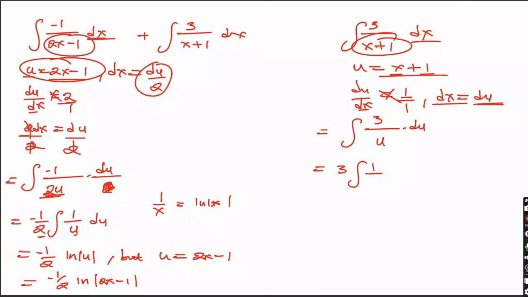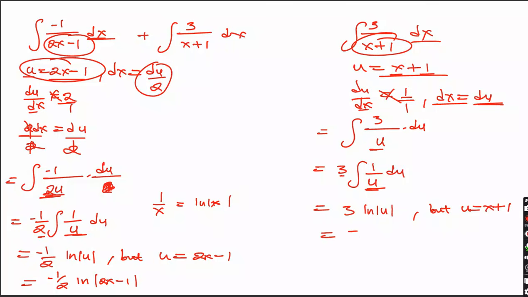You are going to remain with 1 over u, because if you multiply this and this, we still get back to this, so we don't change anything. Then du. The same integral which we had here. So the integral of 1 over u is just ln u. But in this case, our u is equal to x plus 1.